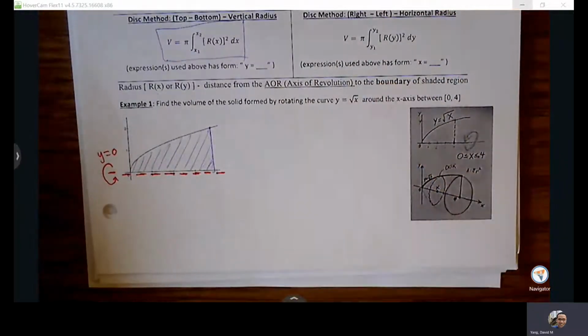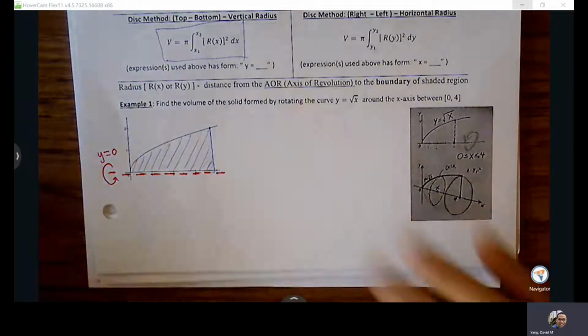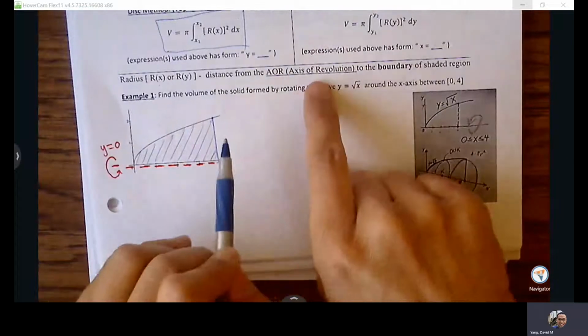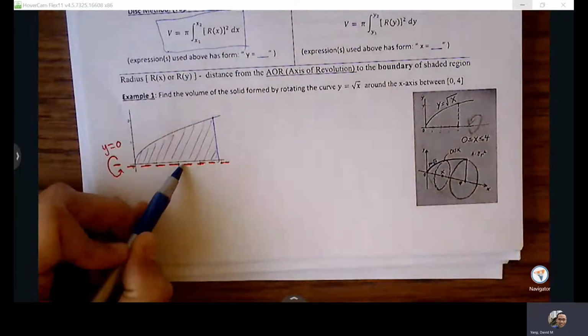Okay, so the next step is you want to draw the radius. It doesn't seem like a big deal right now, but I want us to get in the habit of doing this. If we can build this habit, I think that will lessen the chances of making mistakes later on. Whenever you draw the radius, always put your pen or pencil on a dotted line first.